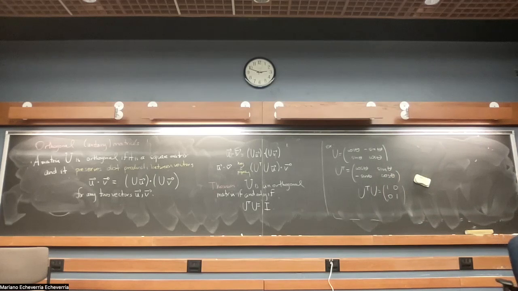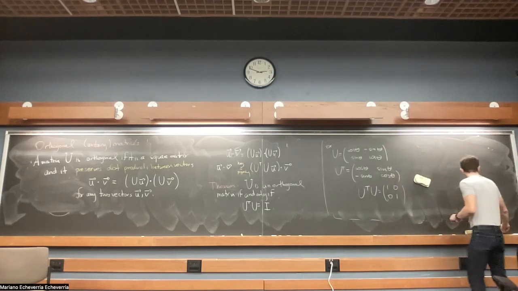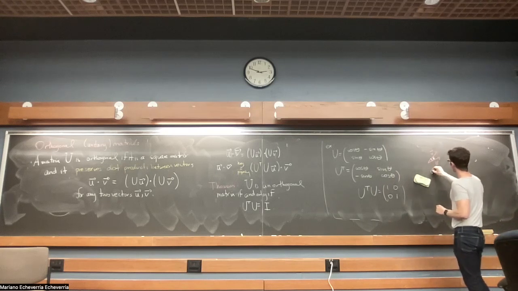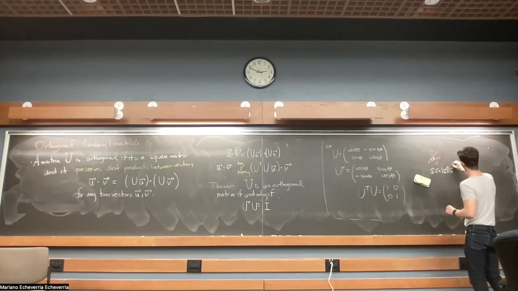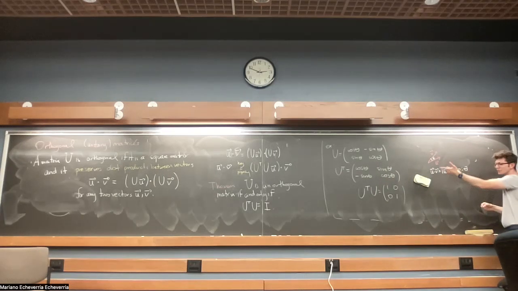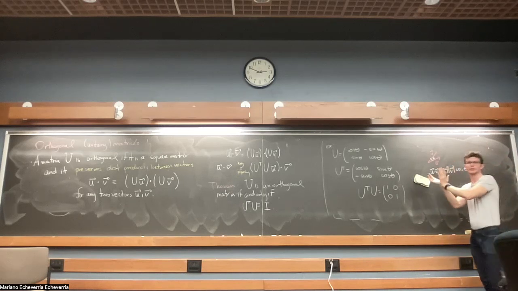So U is an orthogonal matrix, which makes sense. Here's a more pictorial way to think about this. If you remember, the dot product was the product of the lengths times the cosine of the angle. A rotation matrix should preserve the length of the vectors, and if you rotate both vectors, that doesn't change your relative angle.